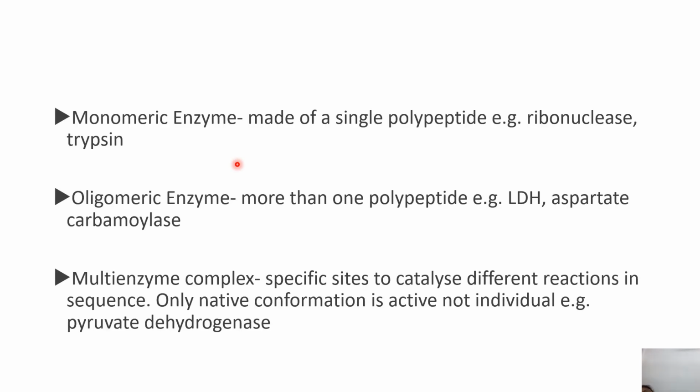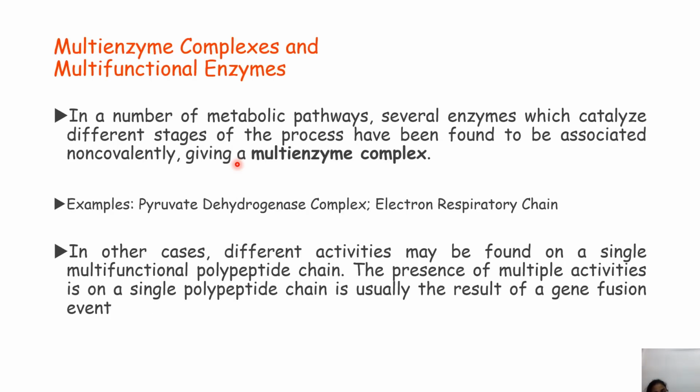Now there can be monomeric enzymes, made up of a single polypeptide, like ribonuclease and trypsin. Oligomeric enzymes have more than one polypeptide, like LDH (lactate dehydrogenase) and aspartate carbamoylase. Multi-enzyme complexes have specific sites to catalyze different reactions in sequence. Only the native conformation is active, not the individual parts, like pyruvate dehydrogenase.